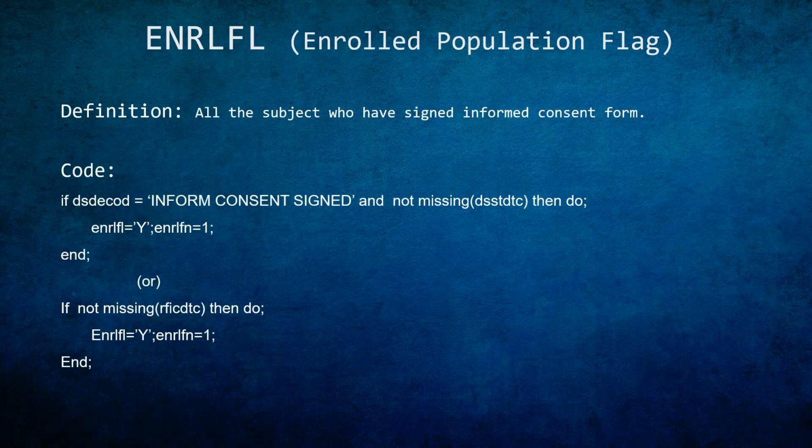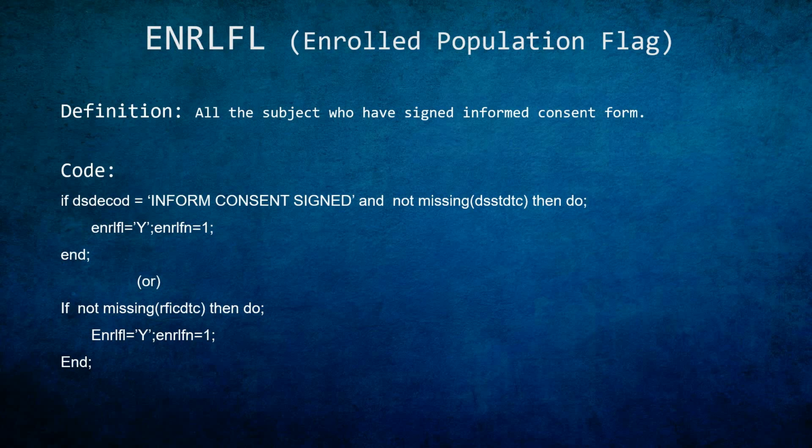The code for this: we can derive it by using either the DS dataset or the DM dataset. If we are using the disposition dataset, then the code will be: if DSDECOD equal to informed consent signed and DS start date is not missing, then this flag equal to Y and the numeric value equal to 1.